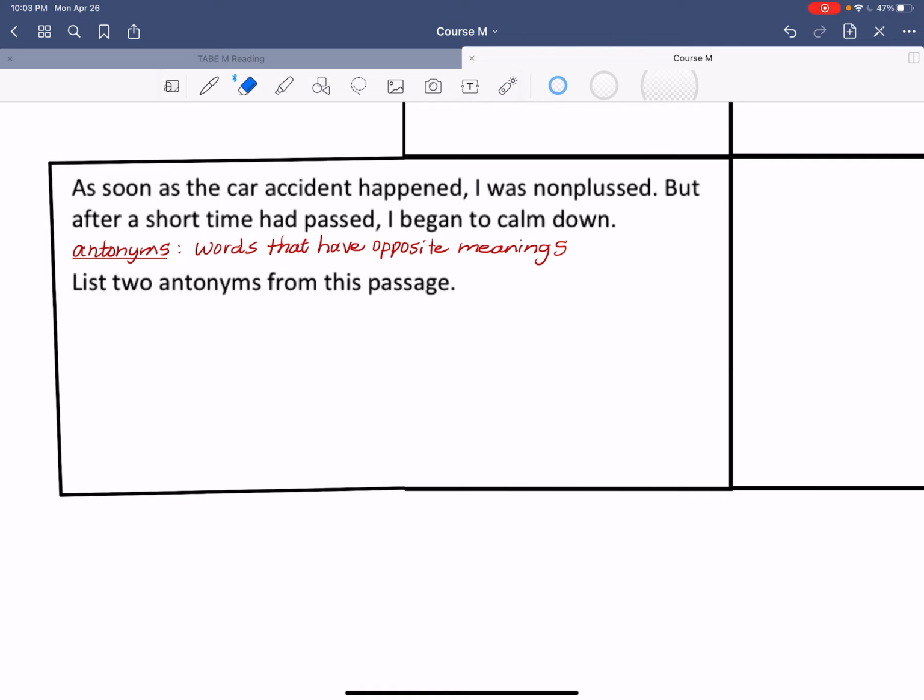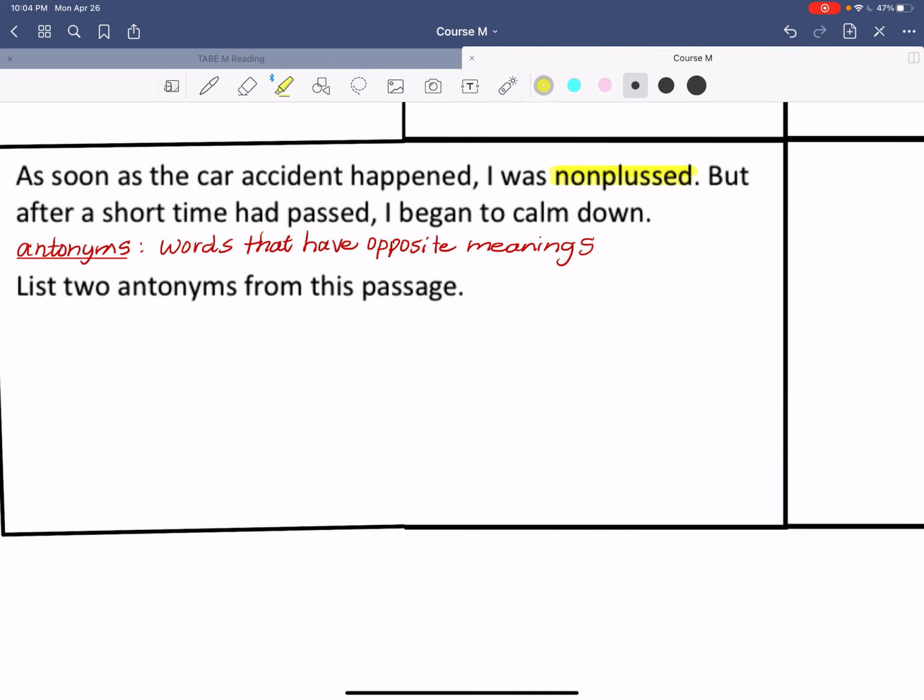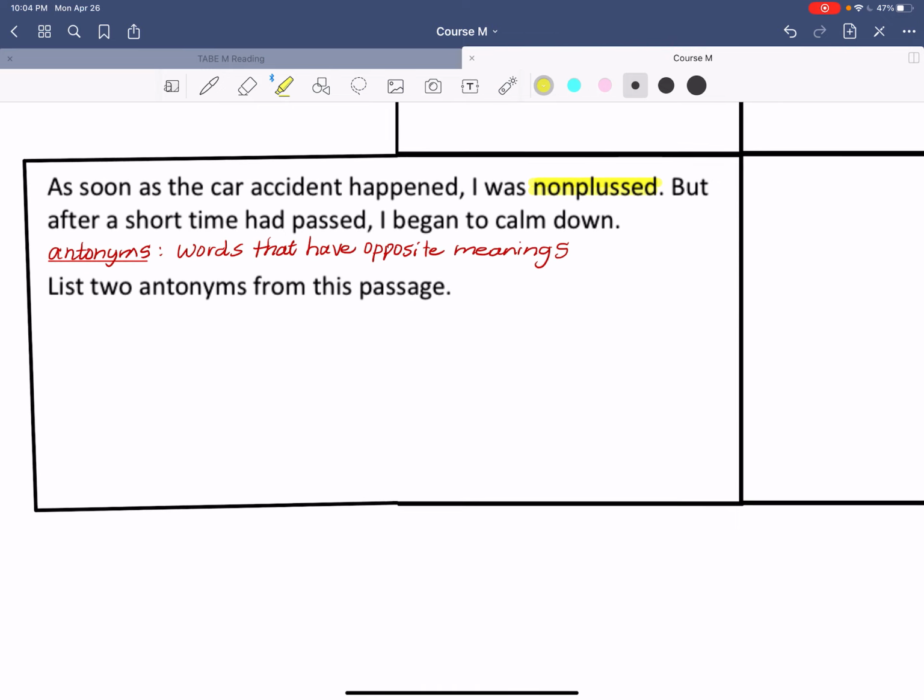What is the one word in that passage that you've never heard of? Probably. You may have. I hadn't. This is not one I'm familiar with. It's this word right here. Nonplussed. So this is saying as soon as the car accident happened, I was nonplussed. So let's just use a bit of common sense here.